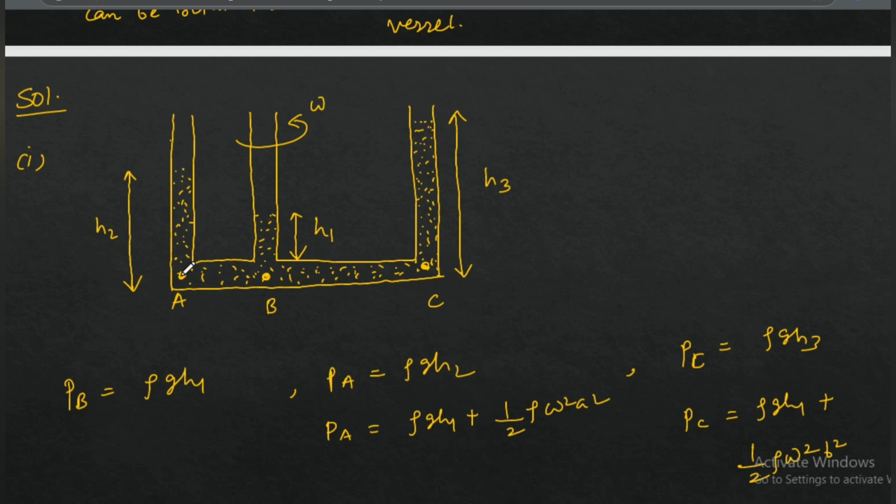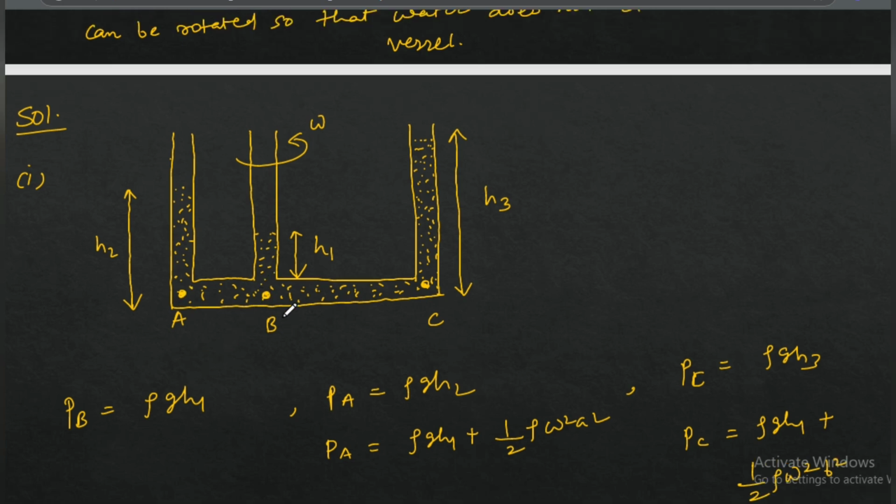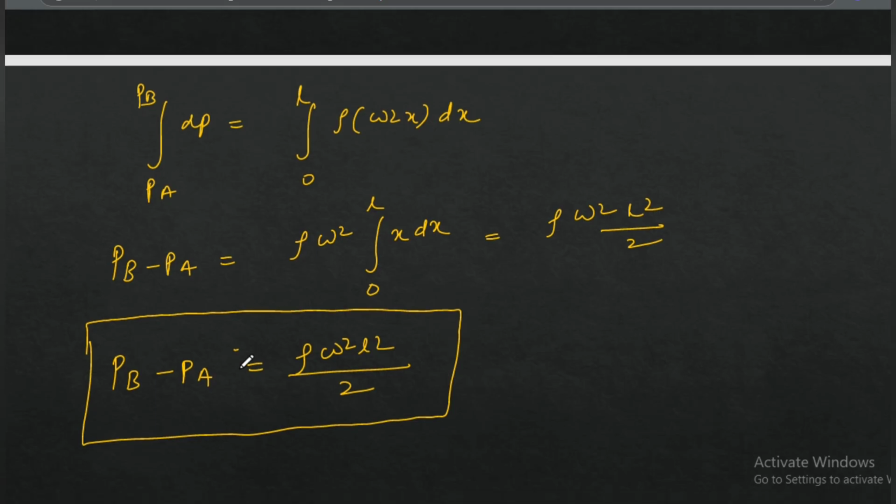So what is the pressure at point A? If you go along this vertical direction, the pressure is rho g H2. But you can also go along this direction, from B to A. At point B, the pressure is rho g H1. But if you go along this line AB, then we can use the result that we derived here, right?